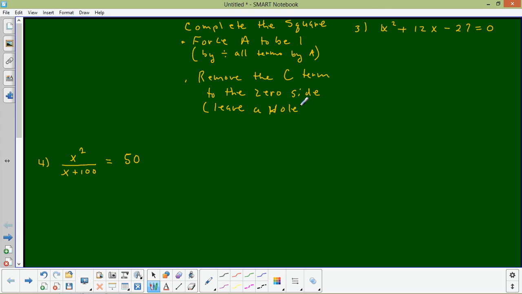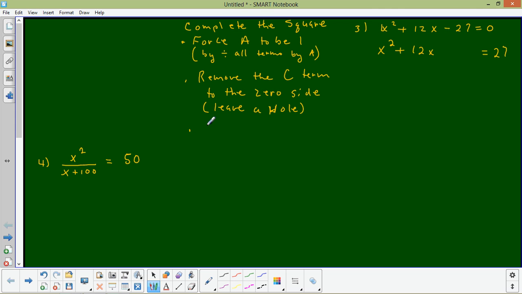And by leave a hole, what I mean there is when you move that 27 in the left-hand member to the right-hand member by additive inverse, make that a plus 27. I'm going to say leave the space where the minus 27 was. And you'll see why I'm recommending that in just a moment.